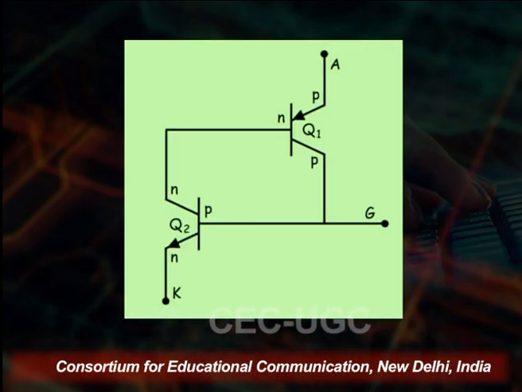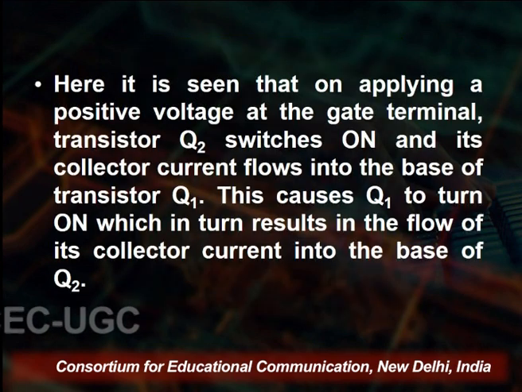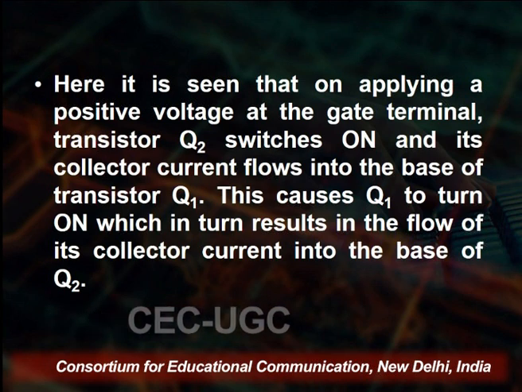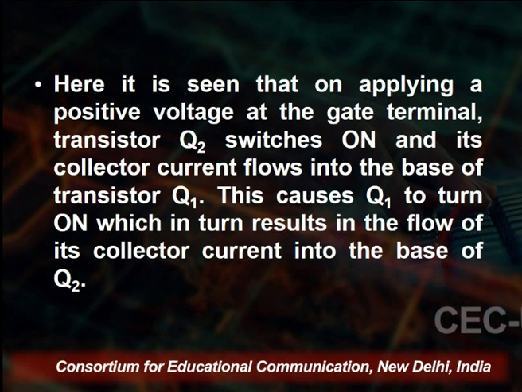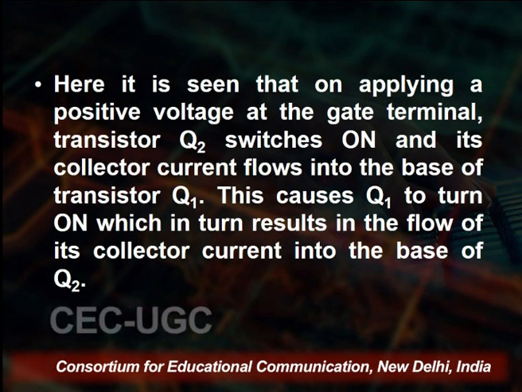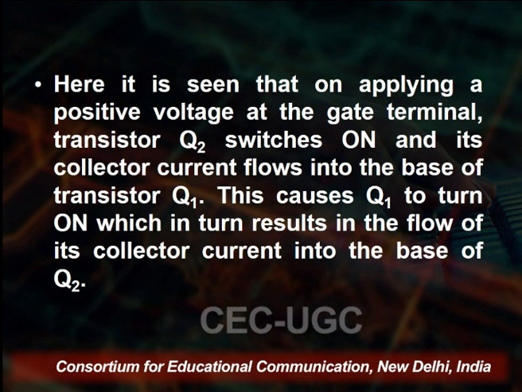Now, you see here in the diagram that Q1 and Q2 are connected, and here we can get the output. Here it is seen that applying a positive voltage at the gate terminal switches transistor Q2 to the on state, and its collector current flows into the base of transistor Q1.